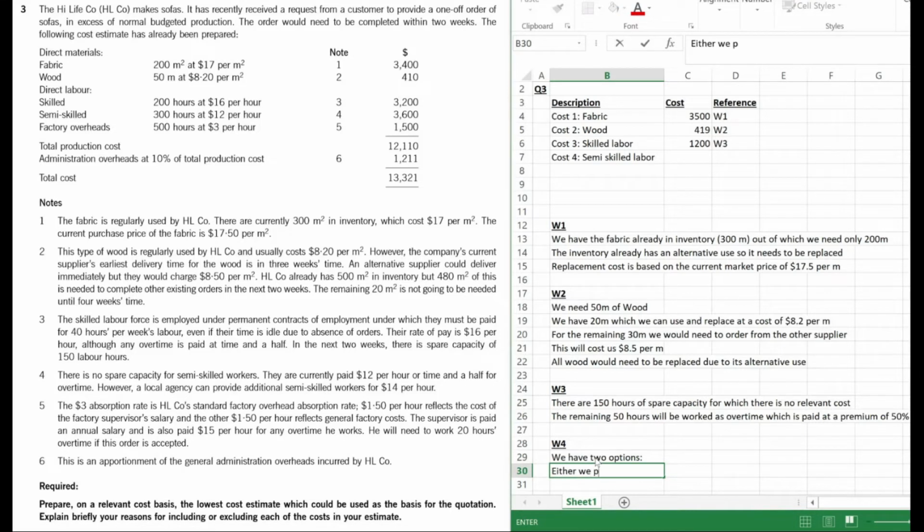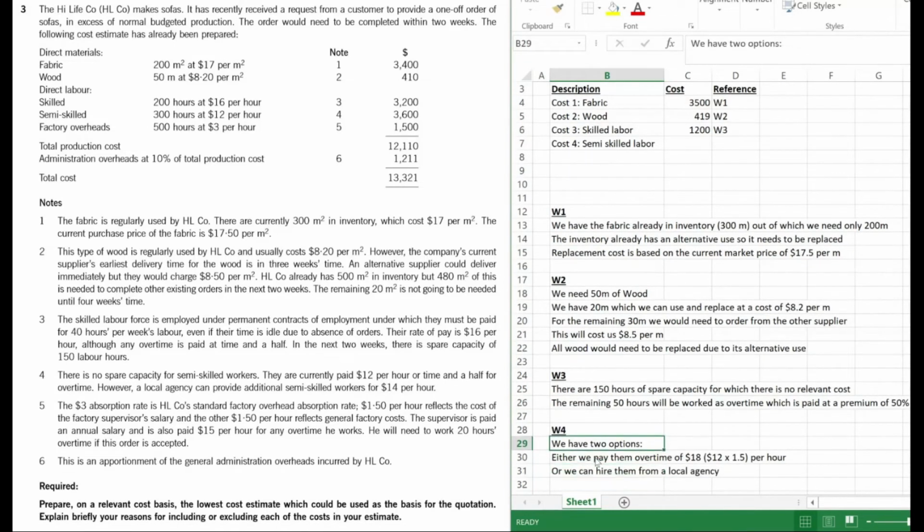Either we pay them overtime of $12 times time and a half, so that's $18. $18, we can show the calculation in brackets here. $12 times 1.5 per hour, or we can hire them from a local agency.